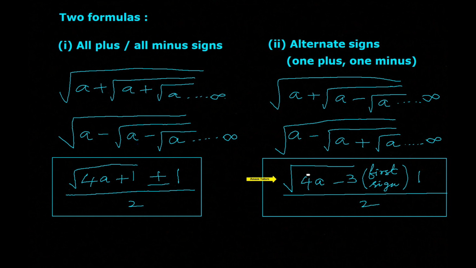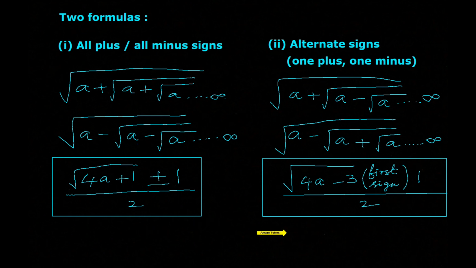The formula is square root of 4a minus 3, then the first sign, 1. Listen carefully, pay attention. If the first sign is plus in the question, plus 1. Or if the first sign is minus in the question, minus 1. When there are two alternate signs, square root of 4a minus 3, first sign. If the first sign is plus, write plus 1. If the first sign is minus, write minus 1. I hope you understand both scenarios.